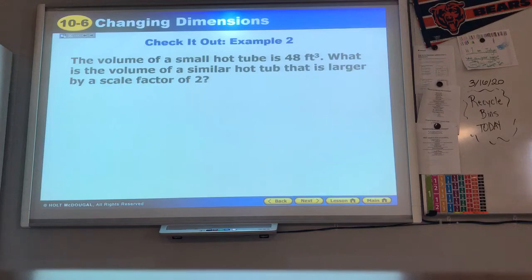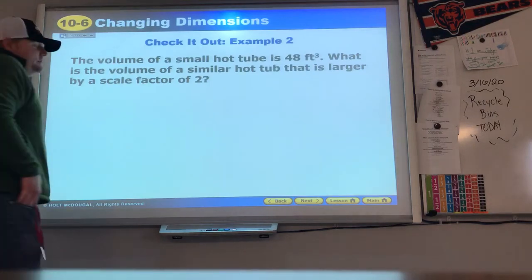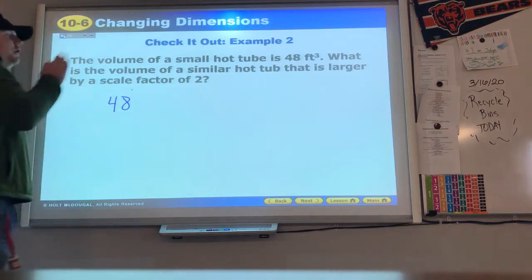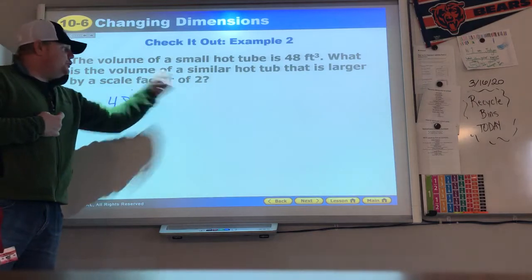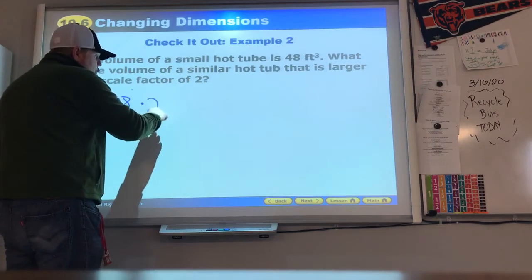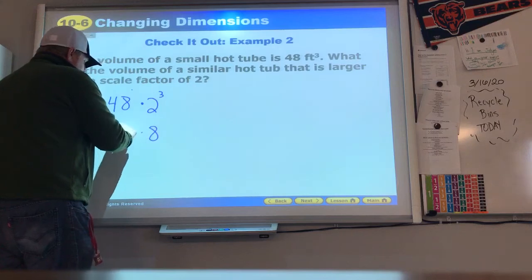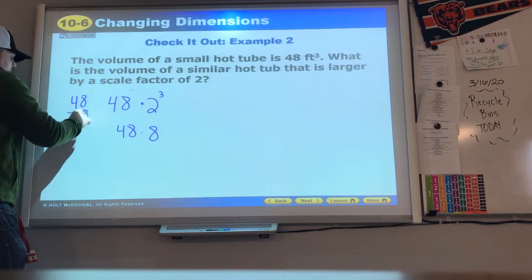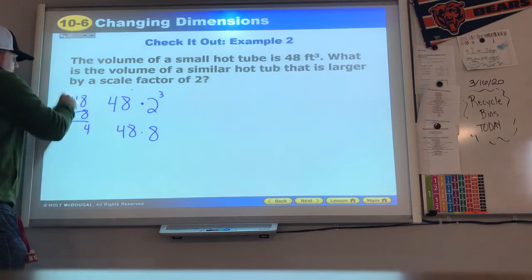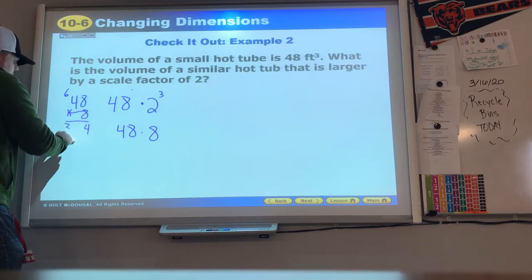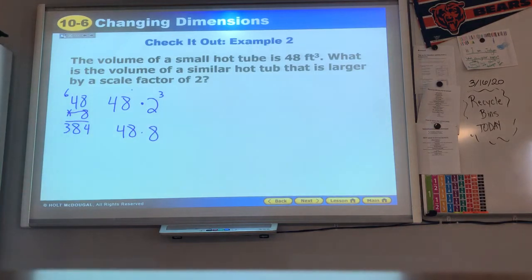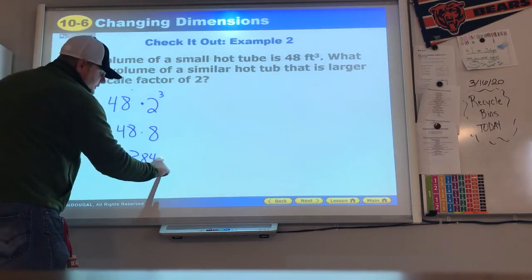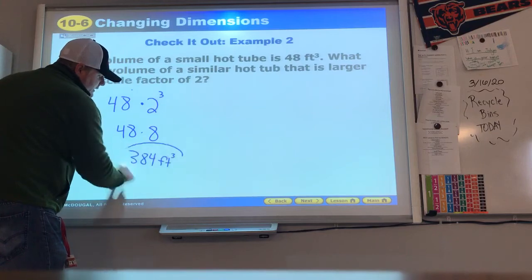All right. The volume of a small hot tub is 48 feet cubed. All right. Volume, so that was cubed. We know the scale factor is 2 from what they told us. So we cube the scale factor, which is 8 times the 48. All right. I'm going to do it over here just so I don't screw things up. 384 is going to be our new volume of that.